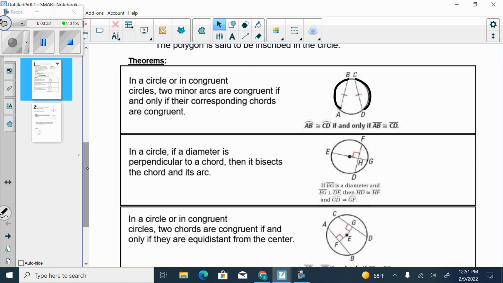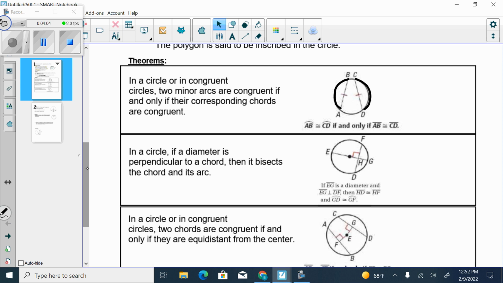All right. Second rule or theorem says that in a circle, if a diameter is perpendicular to a chord, then it bisects the chord and its arc. So what does bisects mean? Cuts it exactly in half, making the two pieces congruent, right? So they're saying if you've got a diameter, which would be EG in this case, and a chord, which would be FD in this case, and they tell you they're perpendicular, they would do that by drawing the right angle, right?